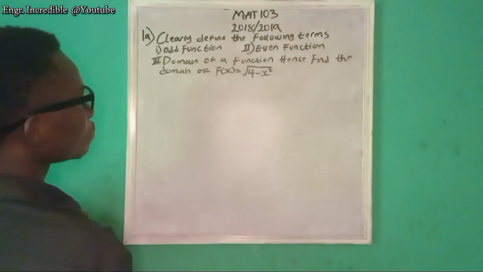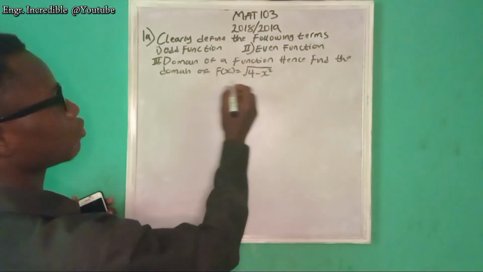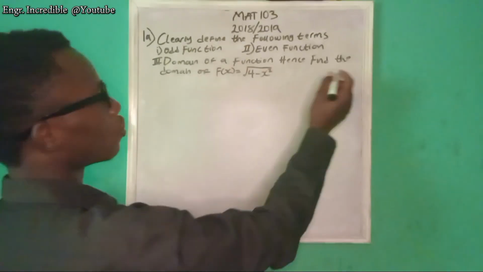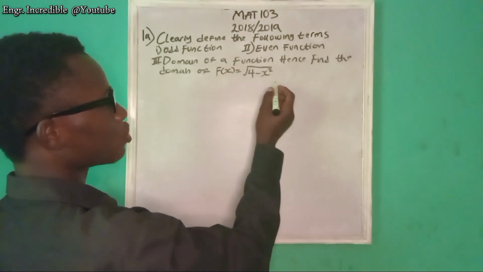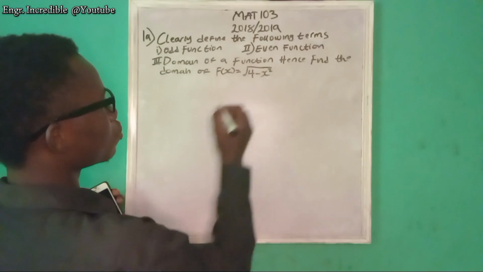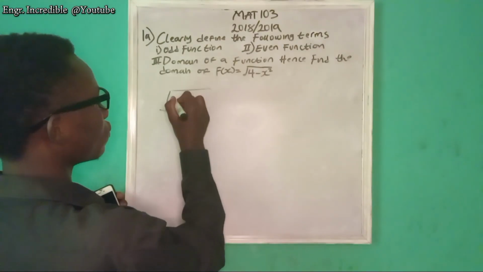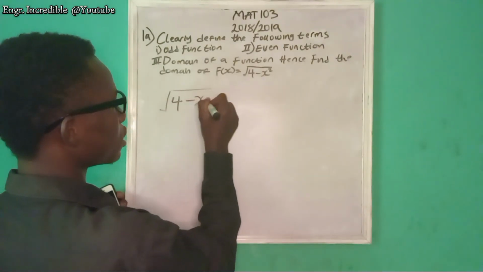So now let us take what they give us as an example: find the domain of f of x equals the square root of 4 minus x square.